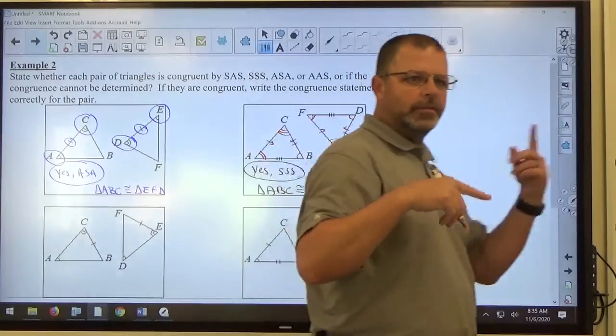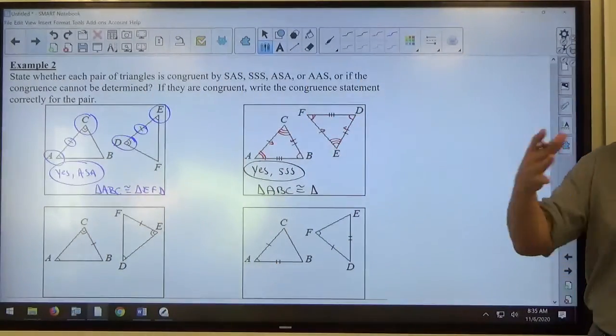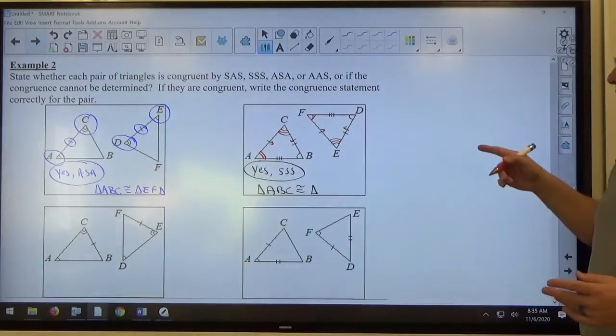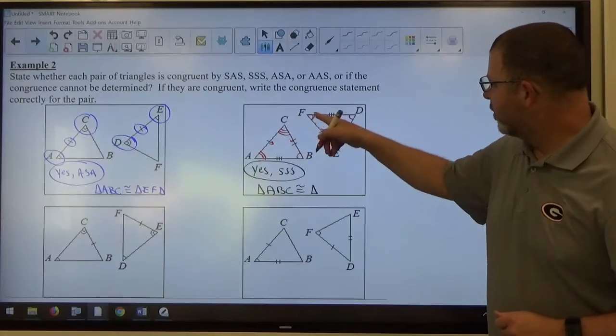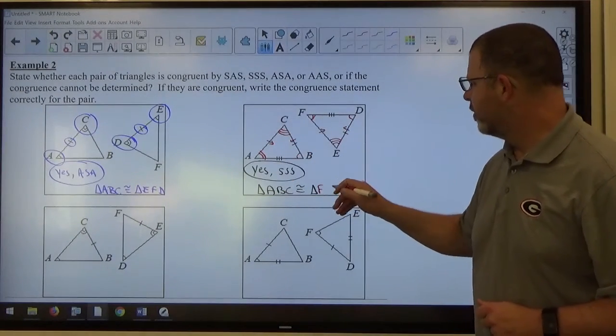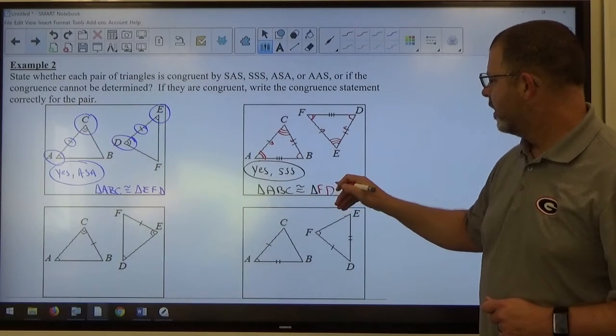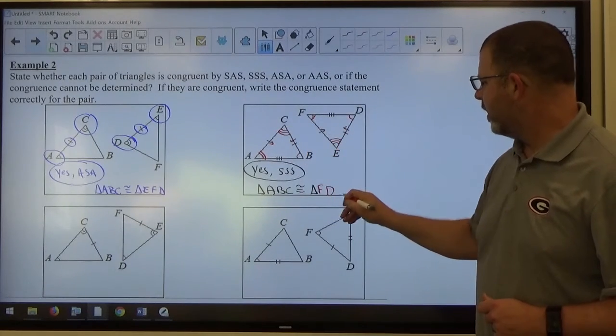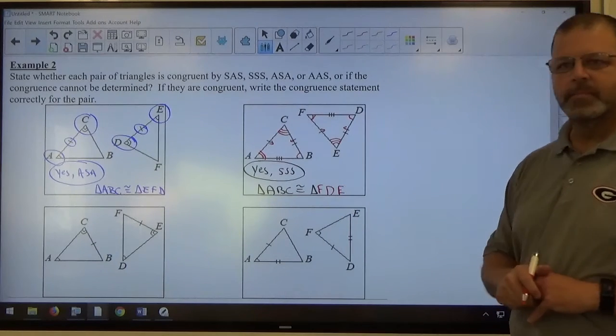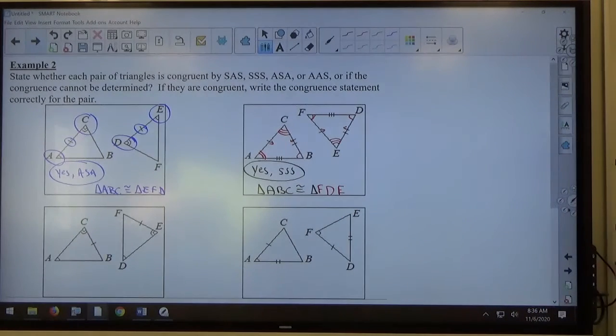Once you get side figured out, if you just go ahead and figure out the corresponding angles, then it's real simple. A is the same as F, so F goes first. B is the same as D, so D goes second. And C is the same as E, so E goes last. I like the angles to be congruent because you just put them in the same spots.